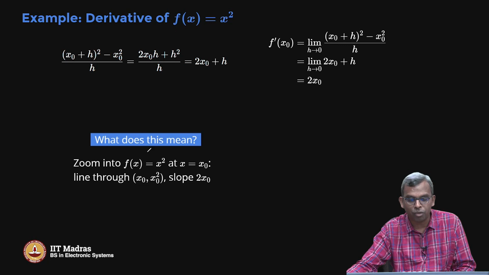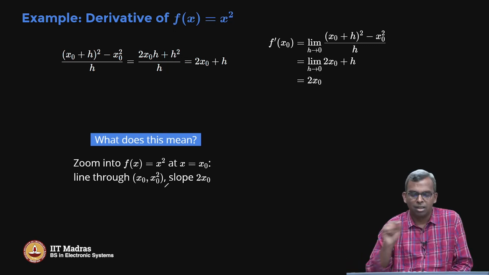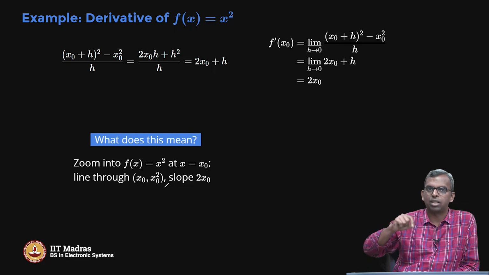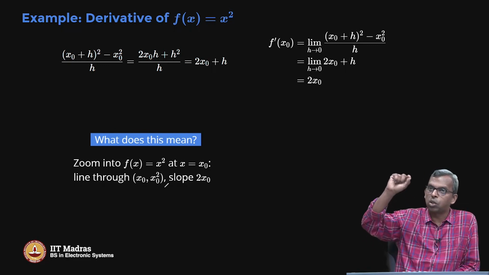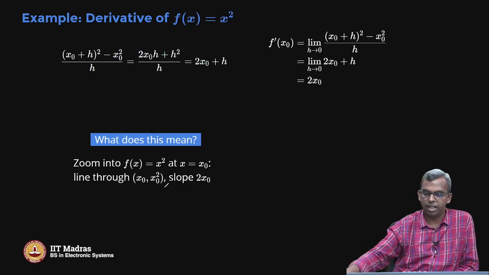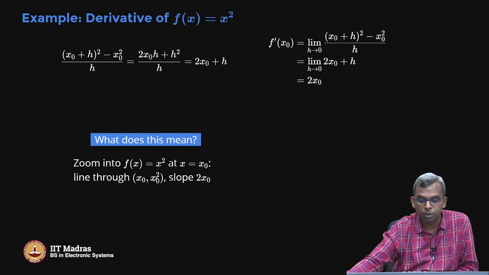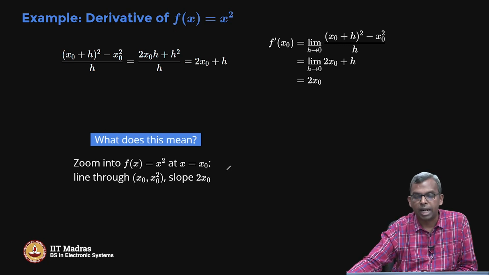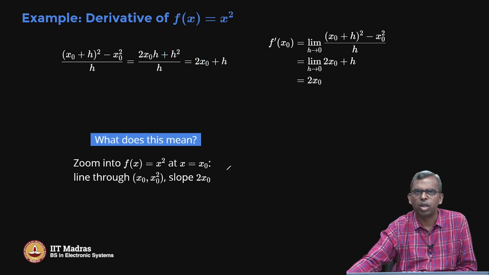If you zoom into f of x equals x squared at x equal to x0, the line passes through the point x0 comma x0 squared, which is the point on the curve, and has slope 2 x0. If these two conditions are satisfied, that line is what you will get when you zoom into f of x equals x squared at x equals x0. I hope that is clear.